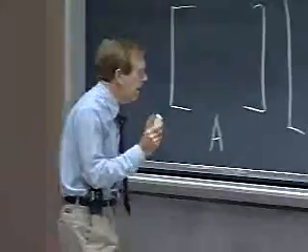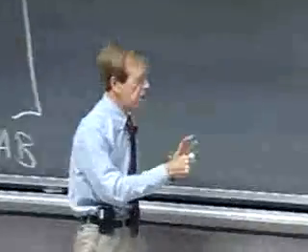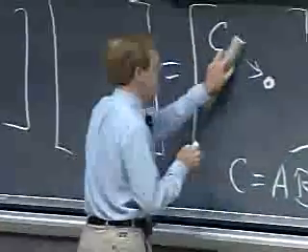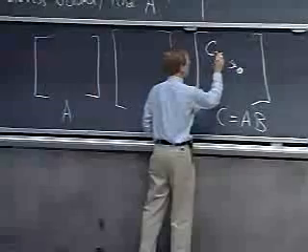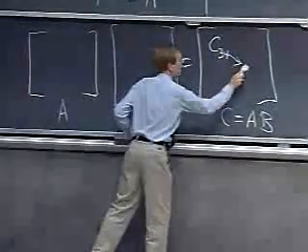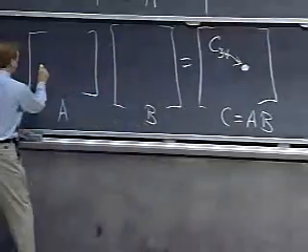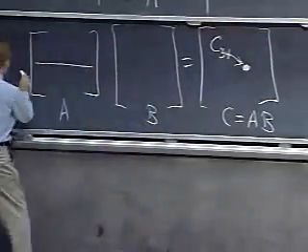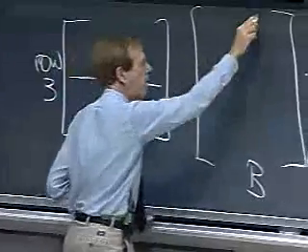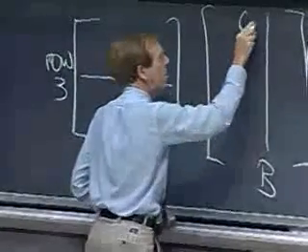So maybe I'd take C34, just to make it specific. Where does the 3-4 entry come from? It comes from row 3 here and column 4, as you know.